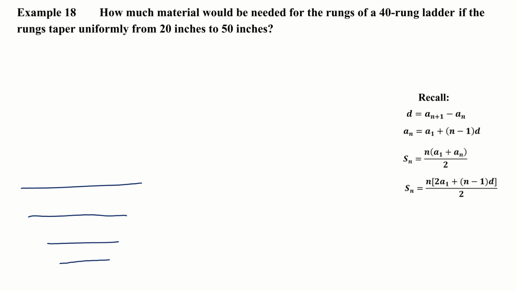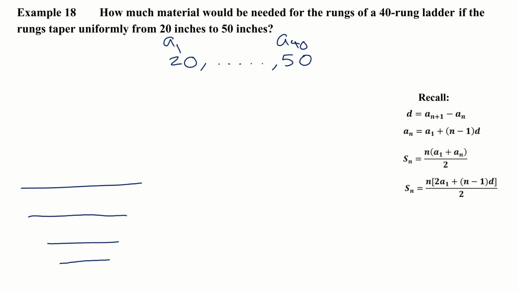And the kind of sequence whose terms we'd be interested in summing would look something like this, right? The first term would be 20, right? And then the last term would be 50. And of course, this is going to be A1, and the last term is going to be the 40th one, right?